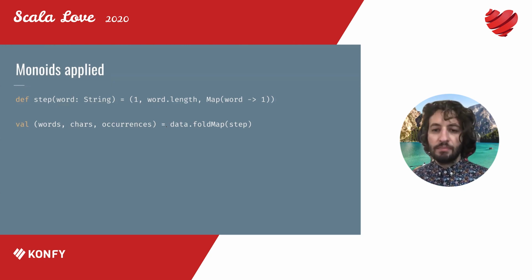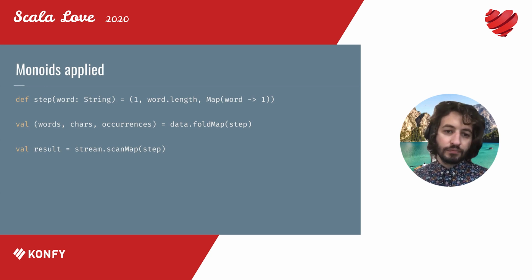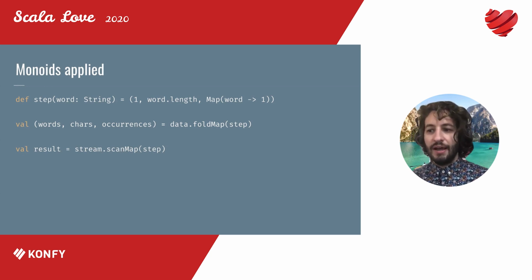So this is neat, but we can reuse the same function for something like a stream, where we could use something like scanMap to give us an intermediary view of some kind of stream using these same metrics. And this is all supported out of the box using FS2 or Monix.